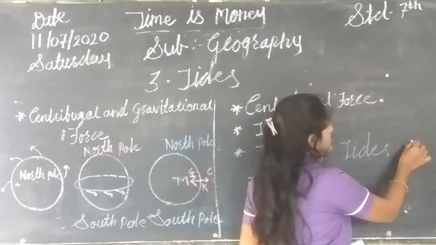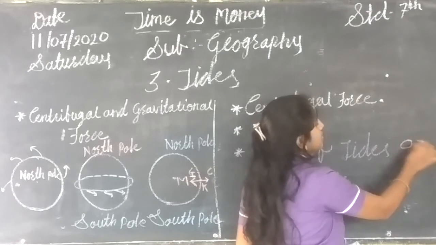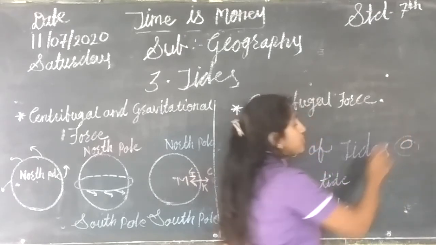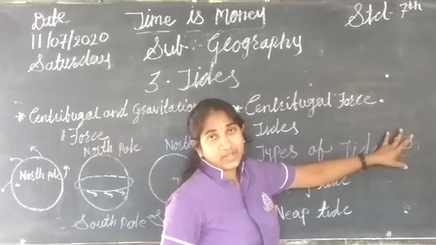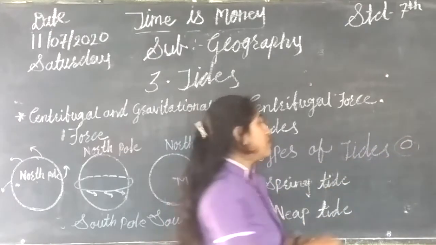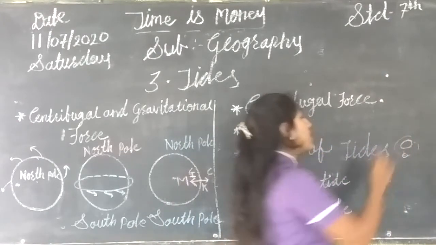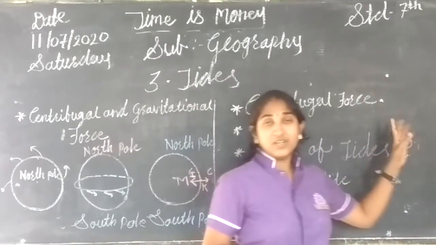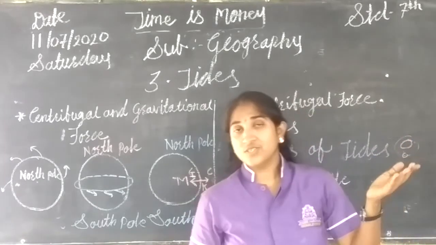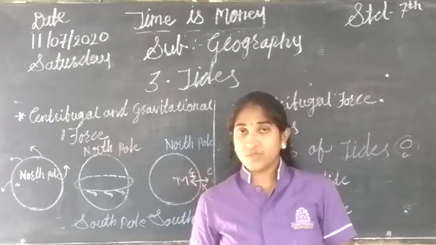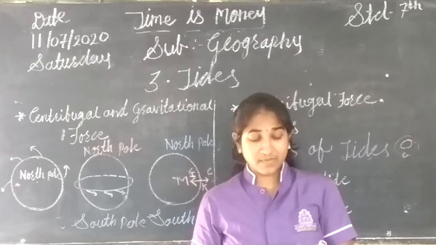That is our sun. The earth is always revolving around the sun, but the moon is also always revolving around the sun with the earth. So it is the indirect revolution of the moon around the sun.